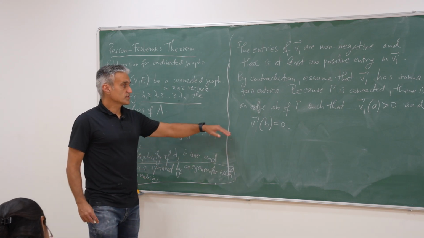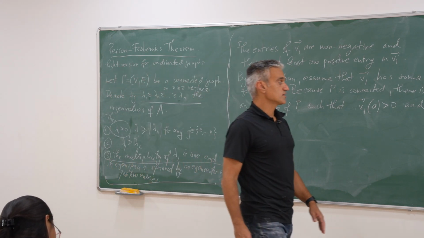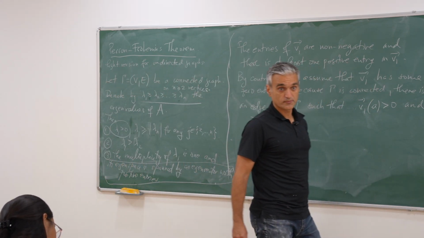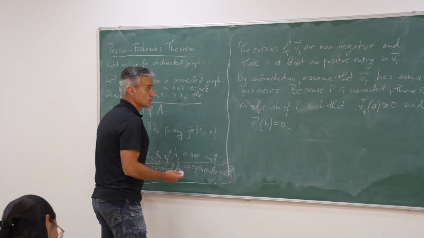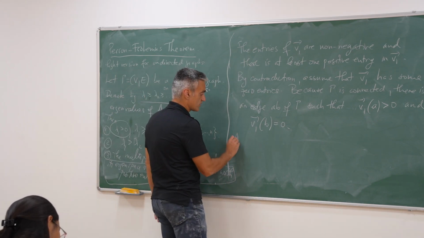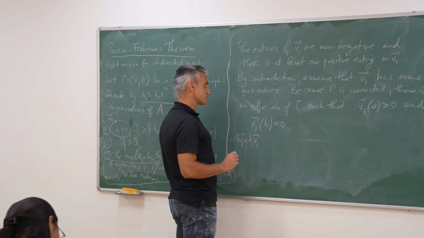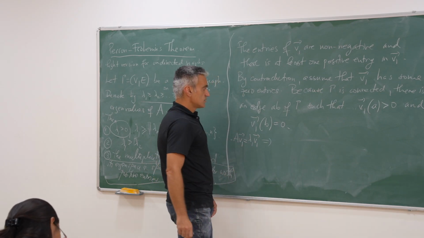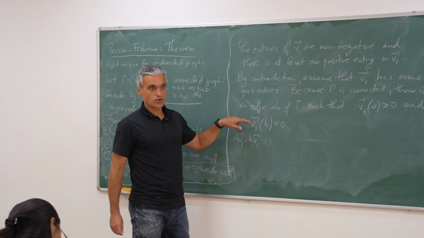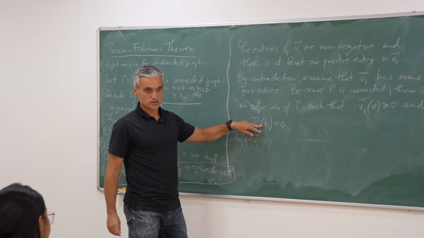So for this one, V1 is an eigenvector. So because it's an eigenvector, you have A V1 equals lambda 1 V1. And then you specialize it, look at this at the B entry.